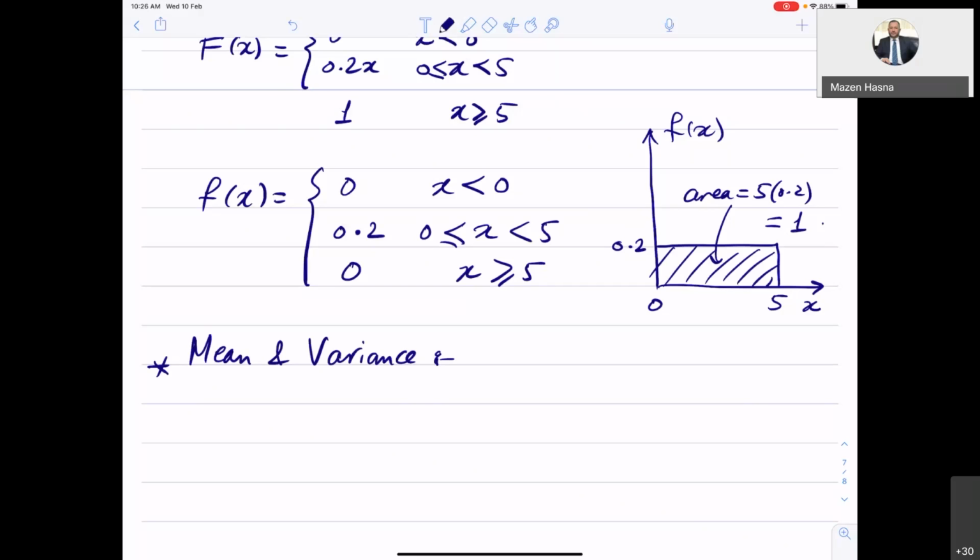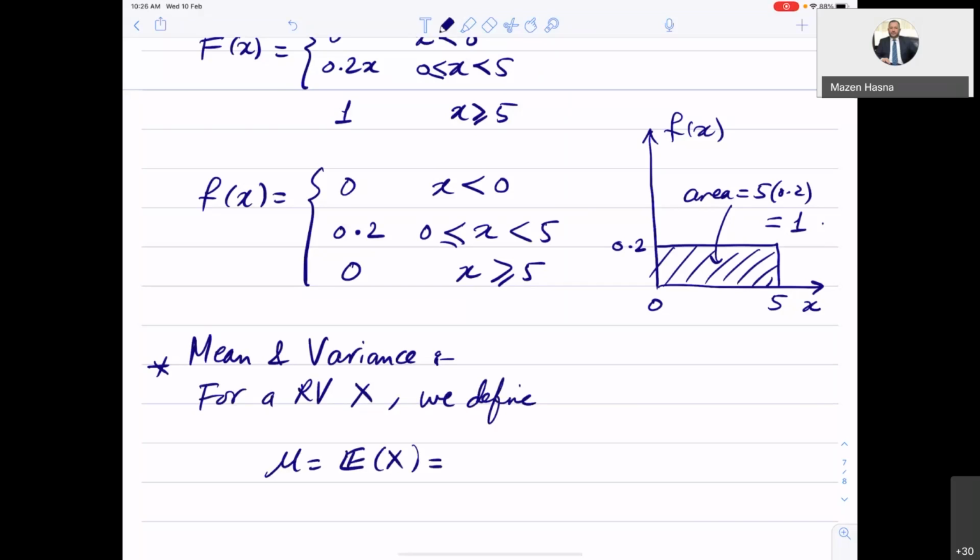So for a random variable x, we define mu, which is the expected value of x, as the integration from minus infinity to infinity of x f of x dx.